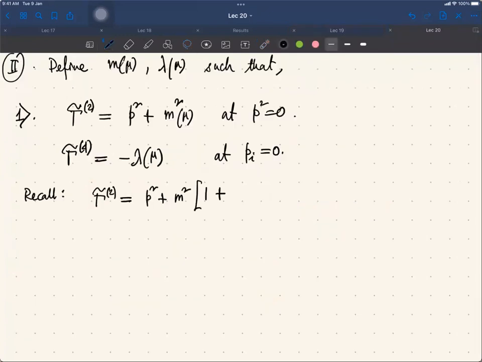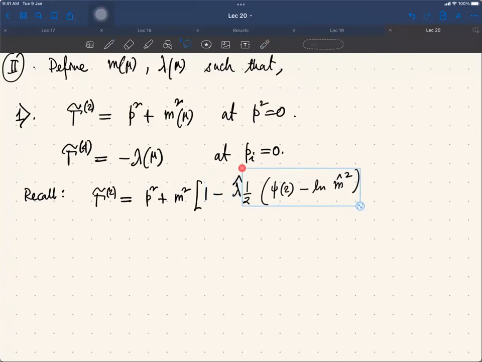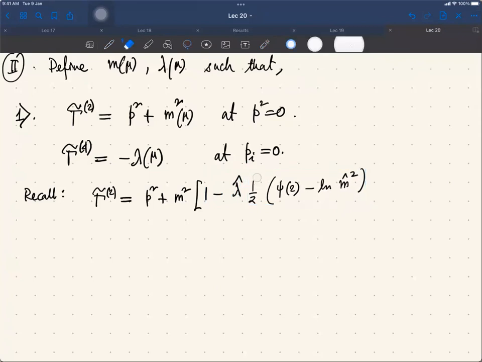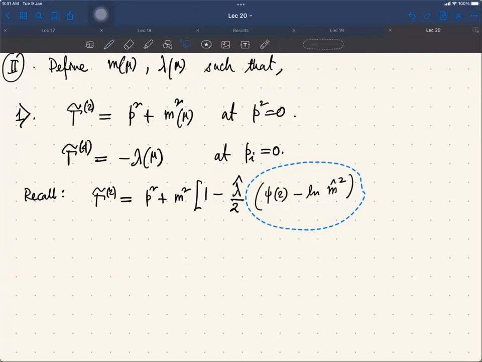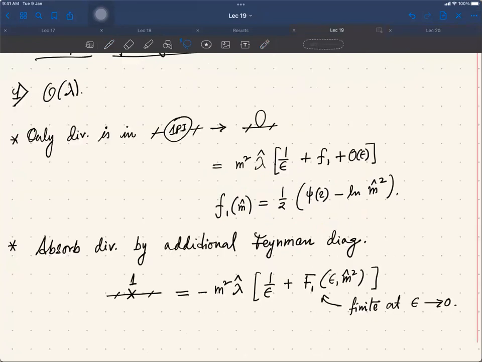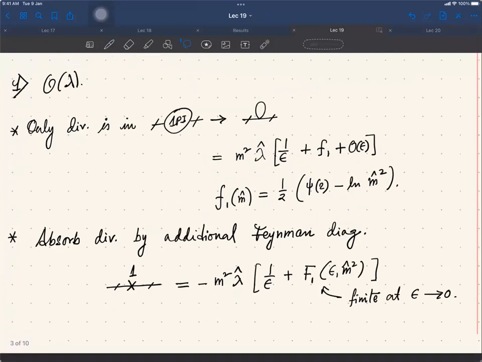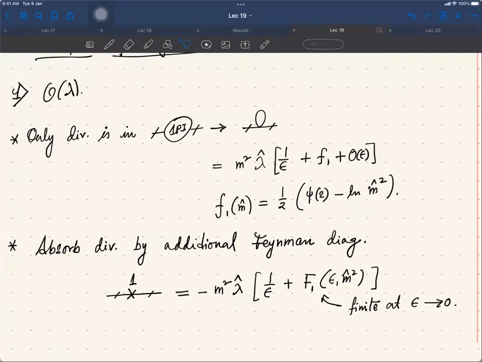So I have already written m square, so minus lambda hat, and then the counter term contribution, which is minus m square lambda hat F1, capital F1.